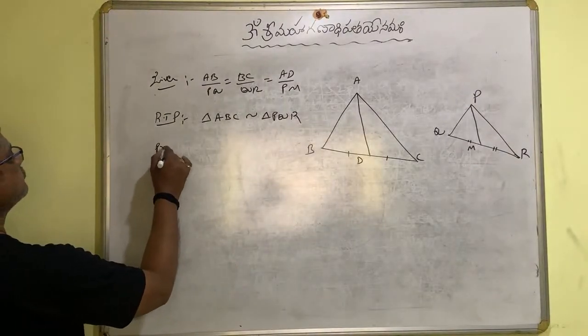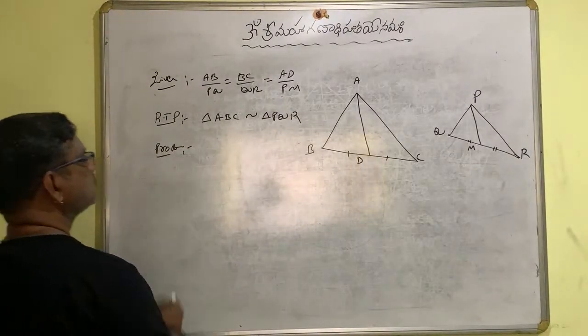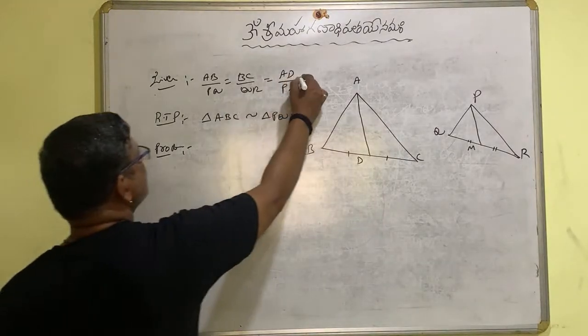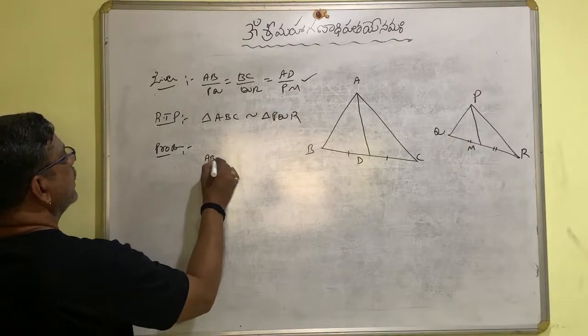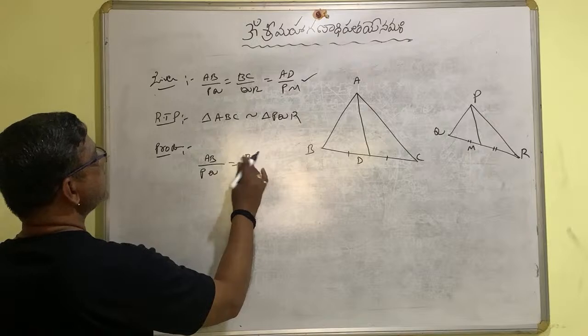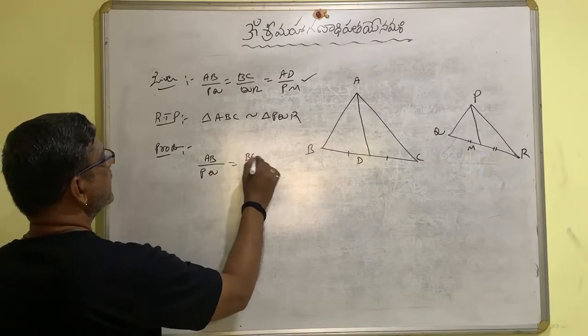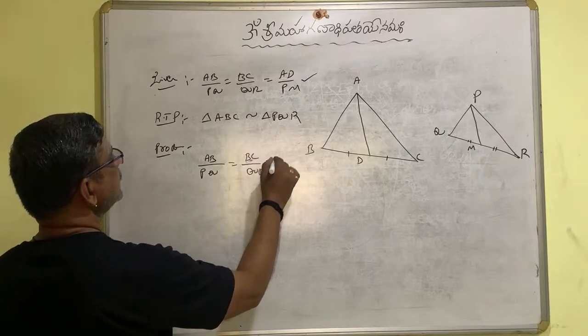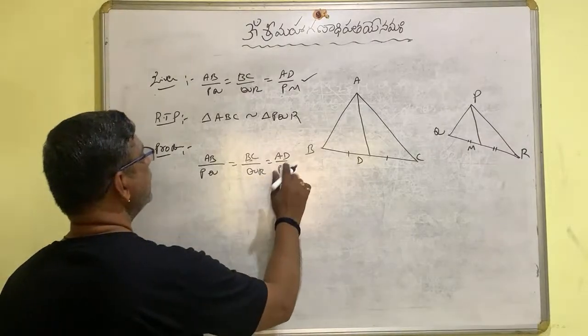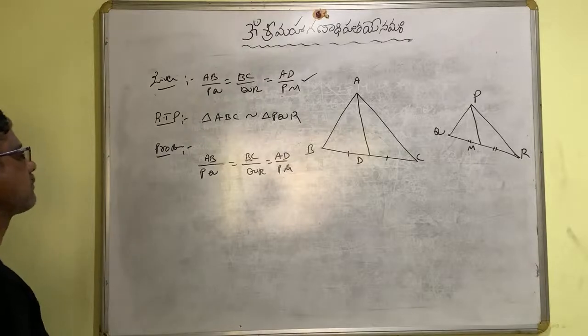Proof. I'll go ahead with this one. AB by PQ is equal to BC by QR is equal to AD by PM.